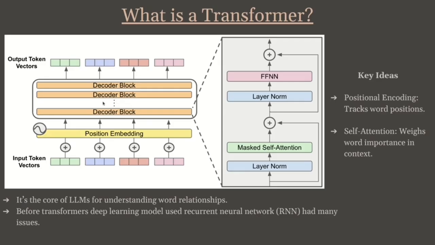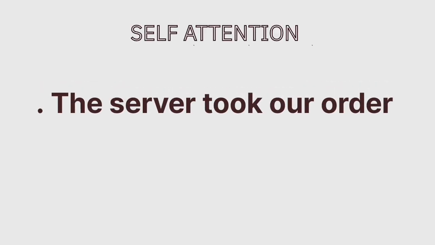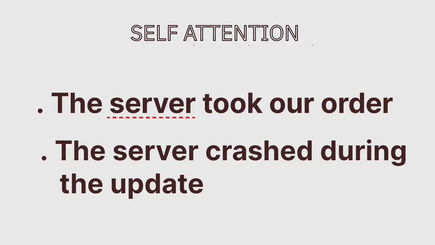Inside each block, there's a key mechanism called self-attention. Self-attention allows the neural network to understand a word based on the words around it. For example, the server took our order. Here, server equals person. The server crashed during the update. Here, server means computer.